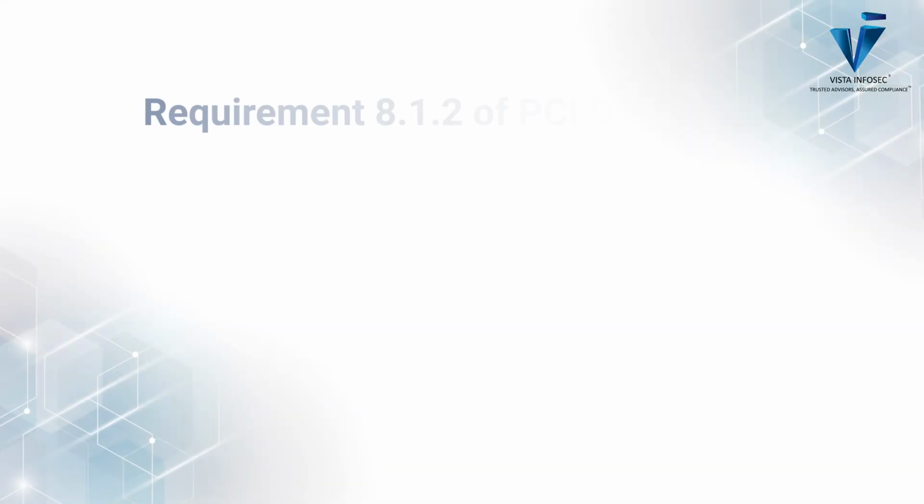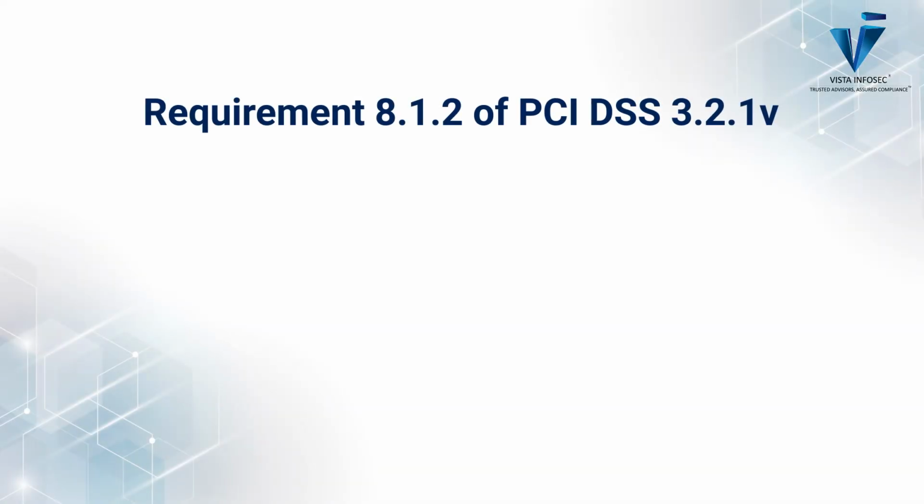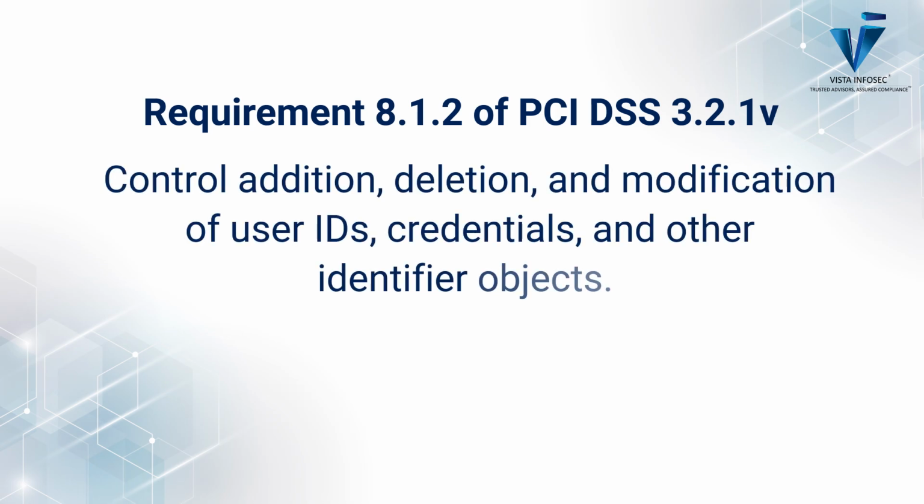Now, moving on to the next requirement, which is requirement 8.1.2 of PCI DSS 3.2.1. This mentions control of addition, deletion, and modification of user IDs, credentials, and other identifier objects. And this is addressed in the latest version under requirement 8.2.4.